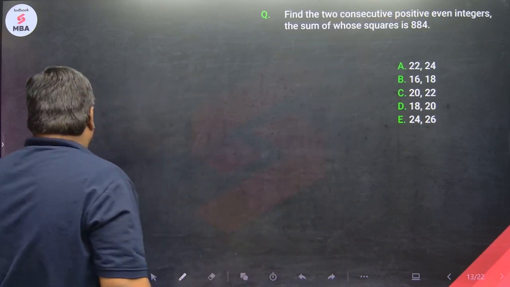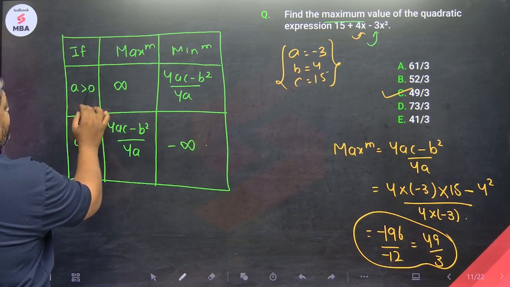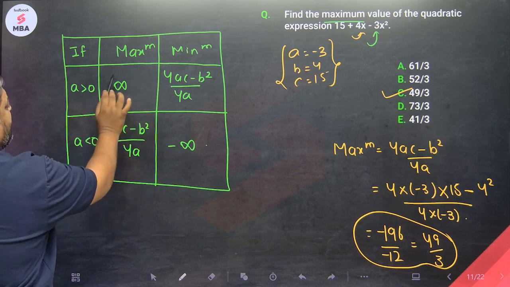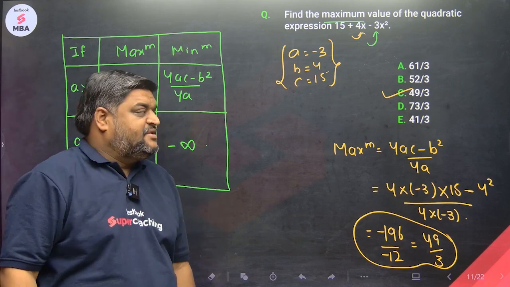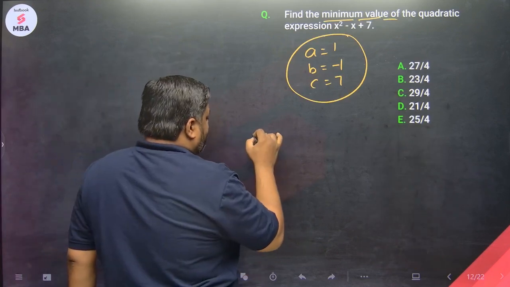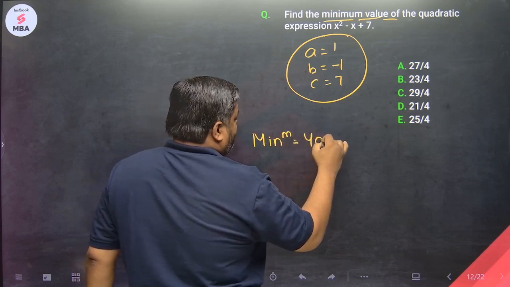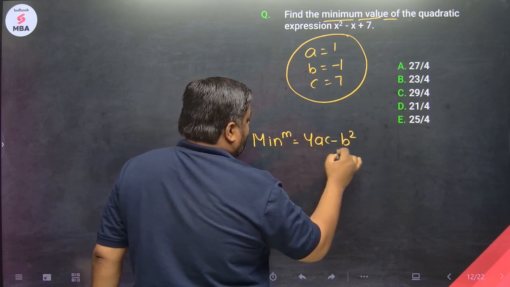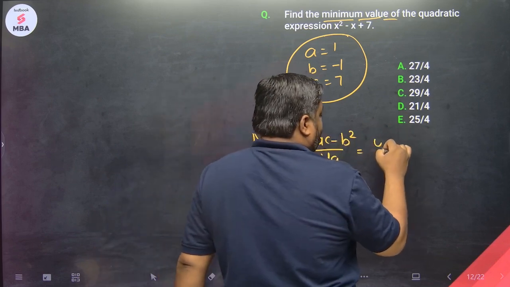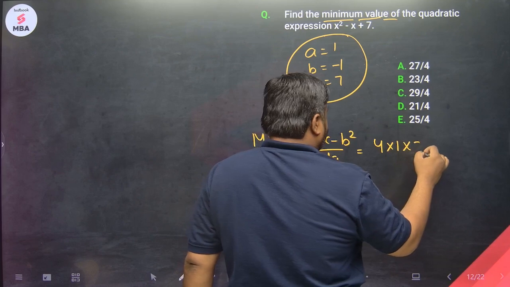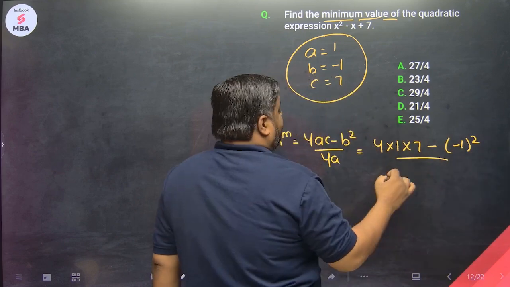Okay. Now what happens when A is positive? You cannot find the maximum value. Maximum value infinity hota hai. Minimum can be found out by using the same expression. So minimum value is 4AC minus B square upon 4A. 4 into 1 into 7 minus 1 square upon 4A.